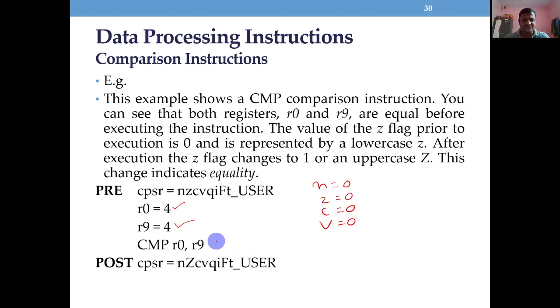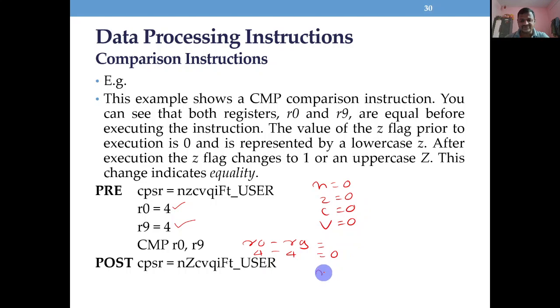But after execution of the compare instruction, it internally performs R0 minus R9 and does not store the result. You know that 4 minus 4 gives a 0 result, so it will update only the zero flag bit. It will not generate any negative result. There is no carry, and no question of overflow.